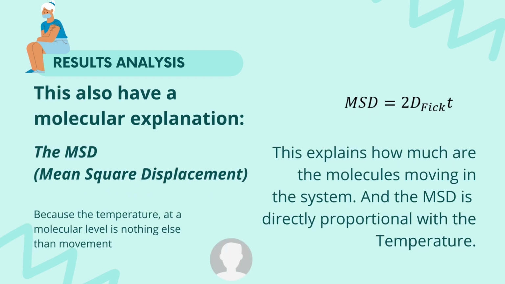This also has a molecular explanation, and it's the MSD. We can see that the MSD is equal to twice the Fickian diffusivity times the time. The MSD, the mean square displacement, explains how much the molecules are moving in the system, and the MSD is directly proportional to the temperature because at the molecular level, the temperature is nothing else than movement of the molecules, movement of everything molecularly in the system.